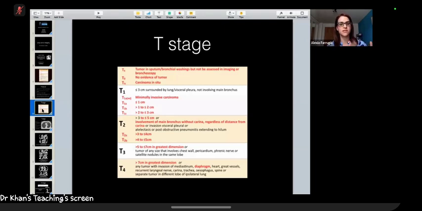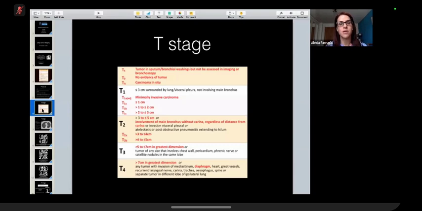Either it is based on size or based on involvement of these structures. And there is a T2A and a T2B classification: more than 3 to less than 4 centimeters is T2A, and more than 4 centimeters to less than 5 centimeters would be a T2B tumor. We will see images of these, so don't worry too much.